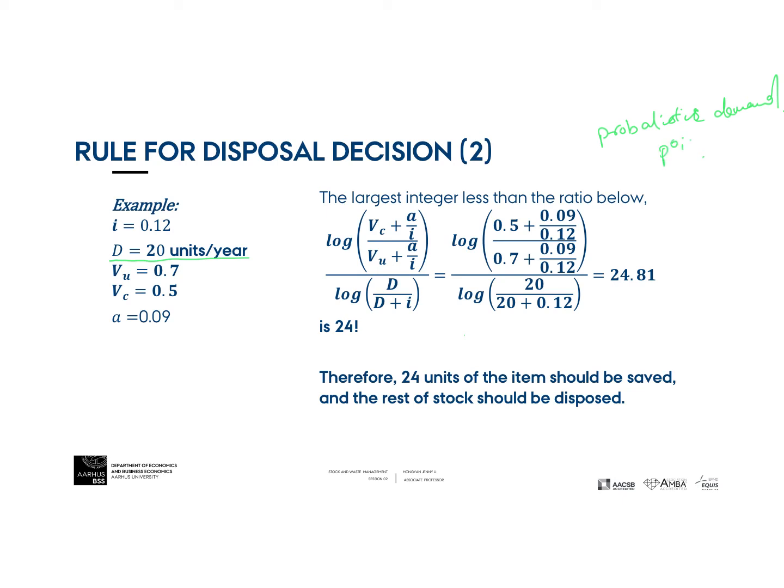Here we assume a Poisson distribution demand. Then we have a formula in this equation. The first part shows the units of the items you should actually keep in stock.